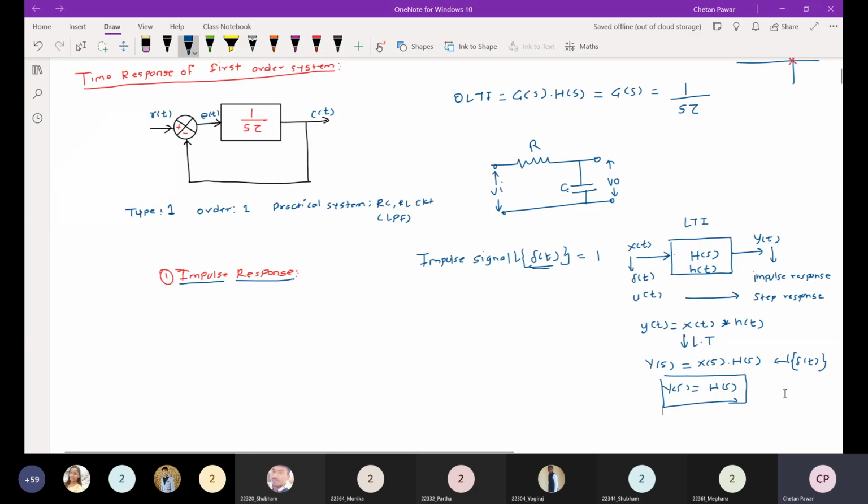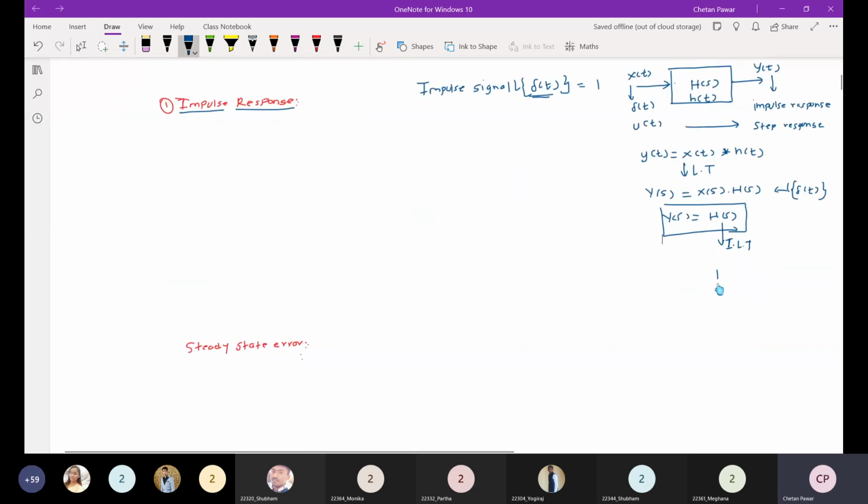It just represents the RC system, and describes the system. Now if I have this H of s and take the inverse Laplace transform of it, I will get h of t.